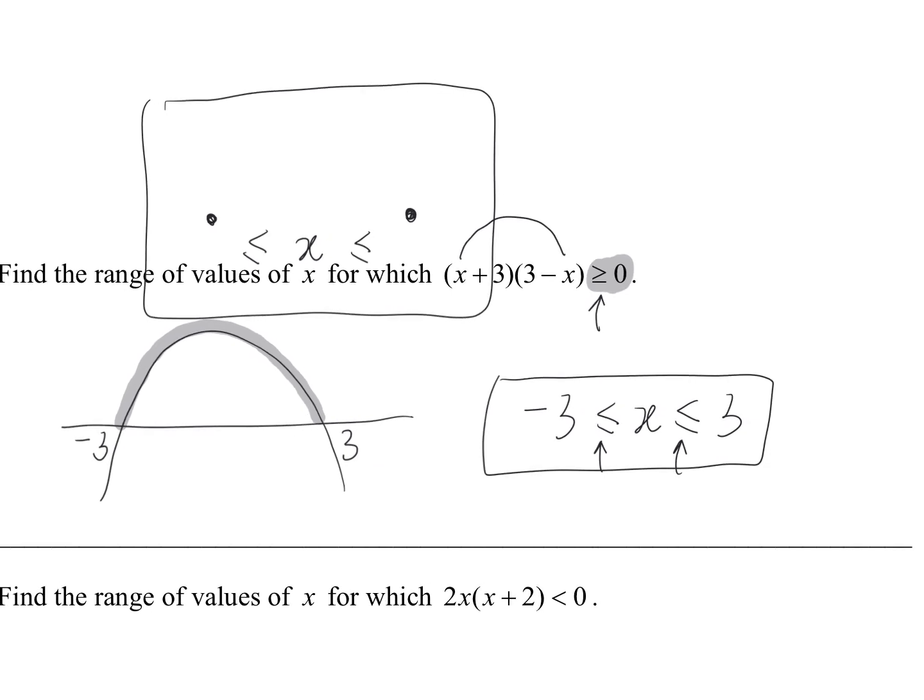Okay, next one. What is the shape of this graph? Minimum, because this is a 2x squared. What are my two x-intercepts? Zero and minus 2, because 2x equals 0 gives x is 0, then x plus 2 equals 0 gives negative 2. So get your two x-intercepts out.